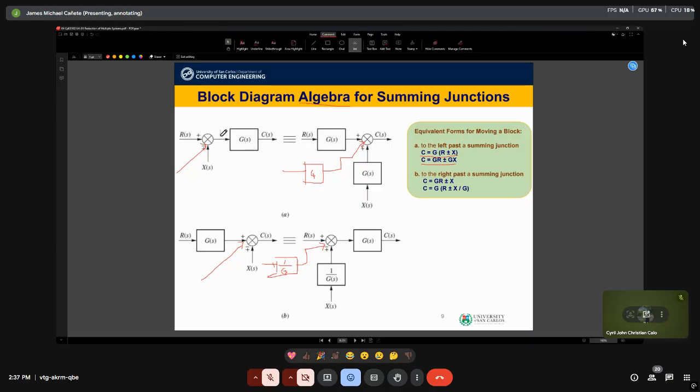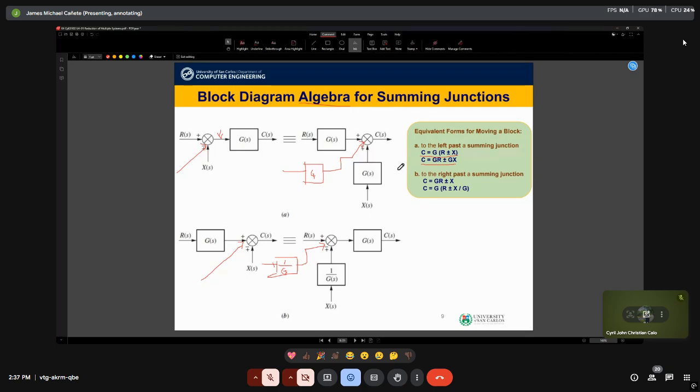If a signal is an input to a system, C is just the product of G and this signal, but this signal, in turn, is the sum of R and X. In equation form, we can just distribute this. We take G as a product of R, and G as a product of X. If we represent this expression as a block diagram, it looks like this. So the basis of the graphical moves, or algebra, or operations, is mathematics.